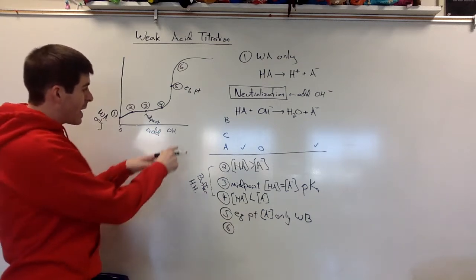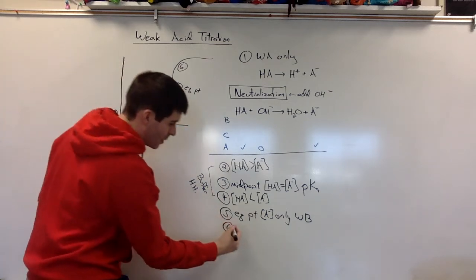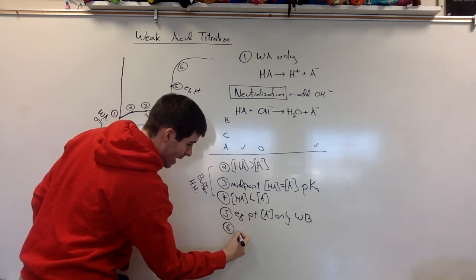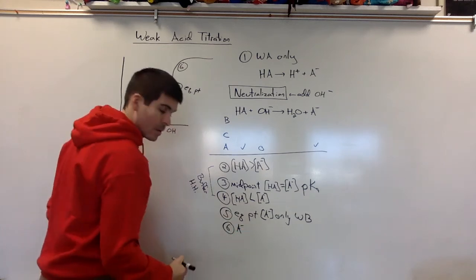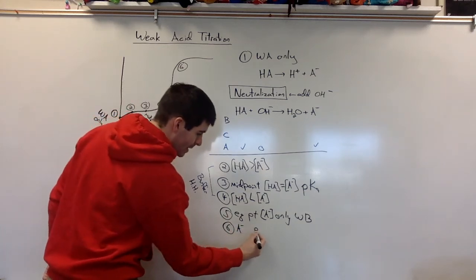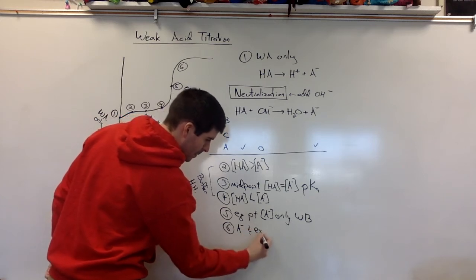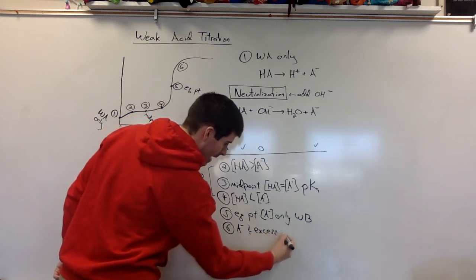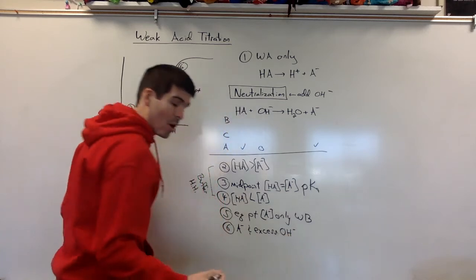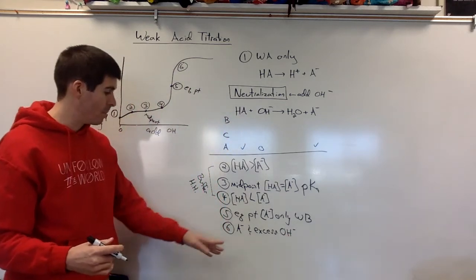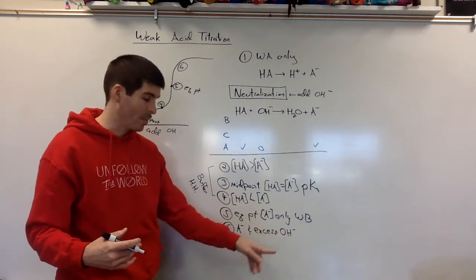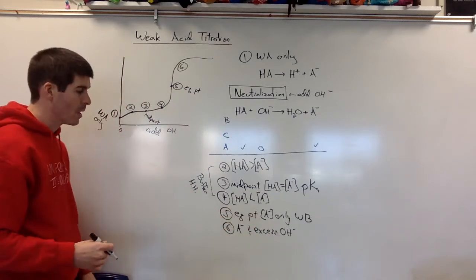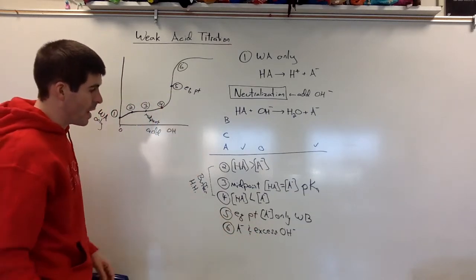And then if we kept adding hydroxide past the equivalence point, we still have A-, but now we have excess hydroxide. And that's a strong base, so that makes the pH pretty easy to calculate because it's just a strong base. You have a strong base and a weak base. Okay, so this really shows us what's going on.